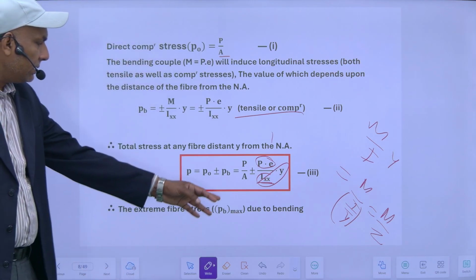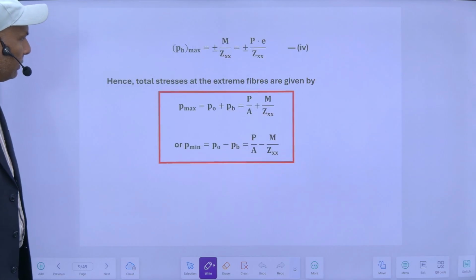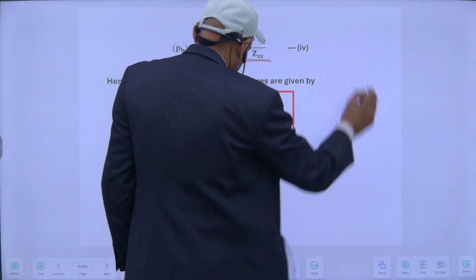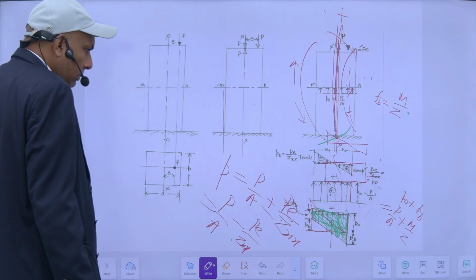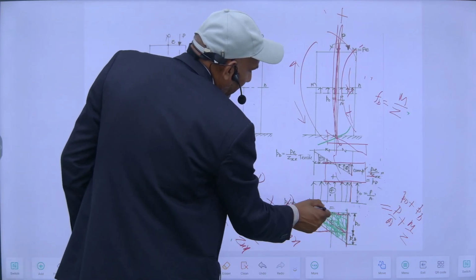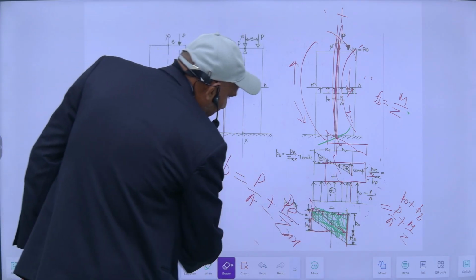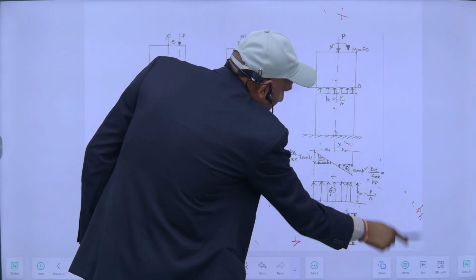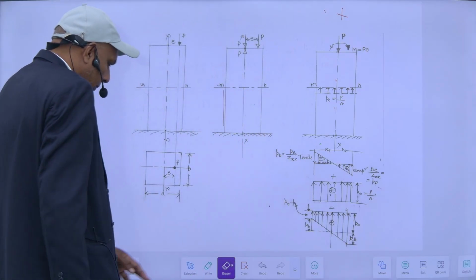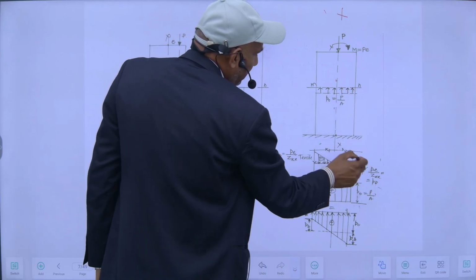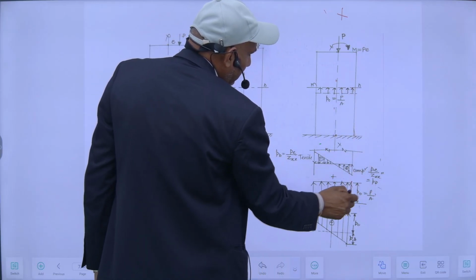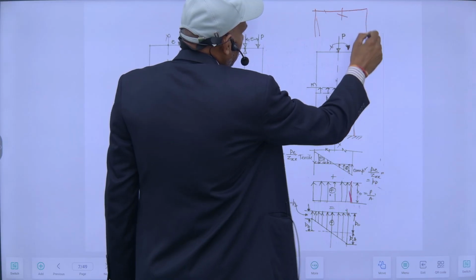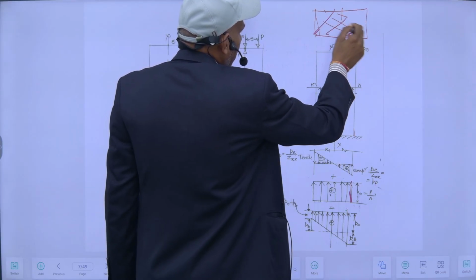The extreme fiber stress due to bending is maximum in the top fiber. Obviously, the maximum will be on this face and this face. So its plan will be like this. This is the plan of this member.